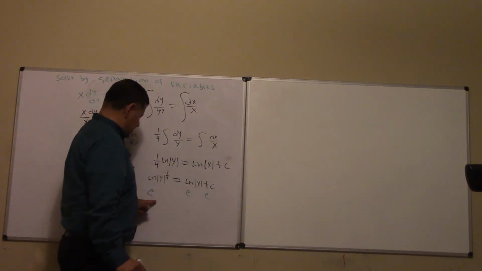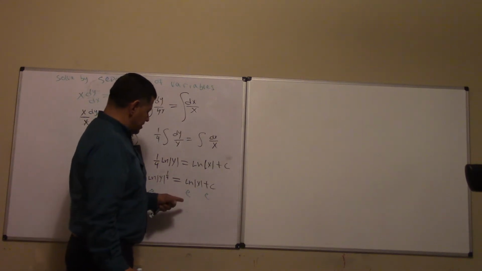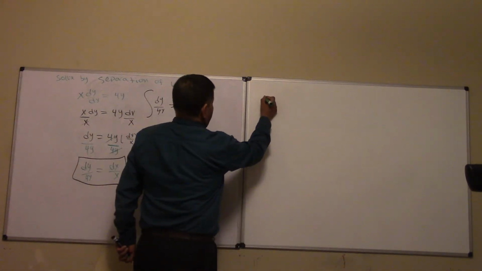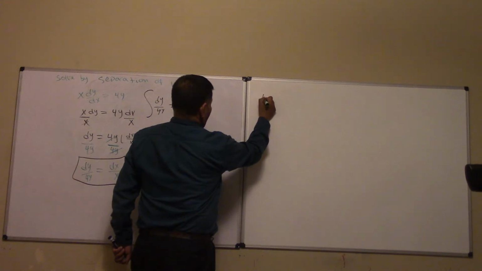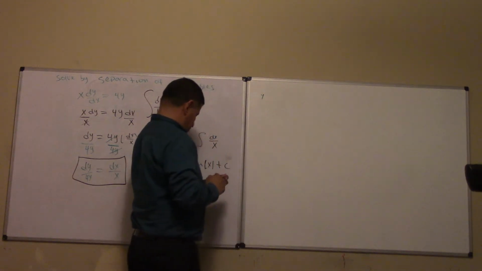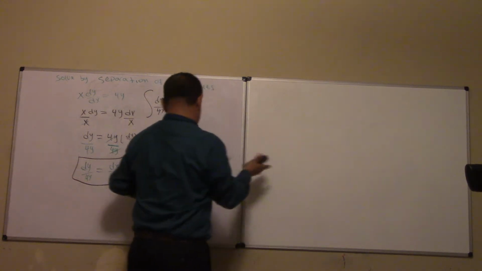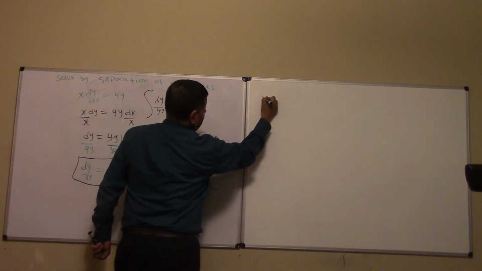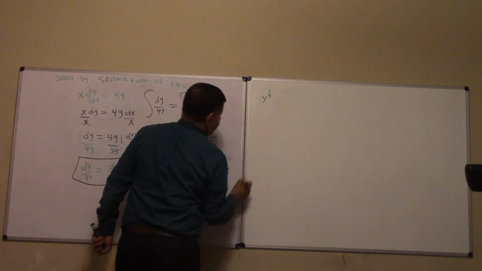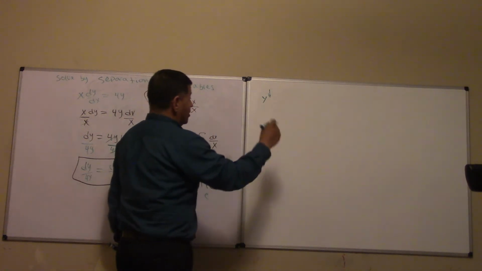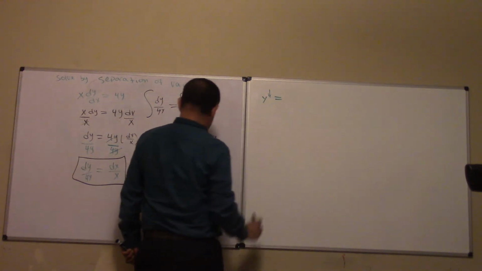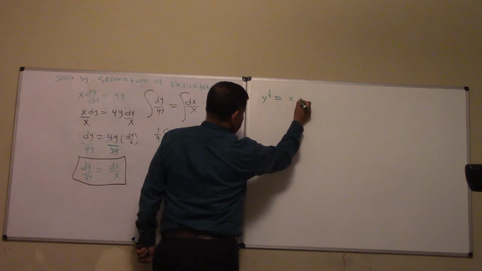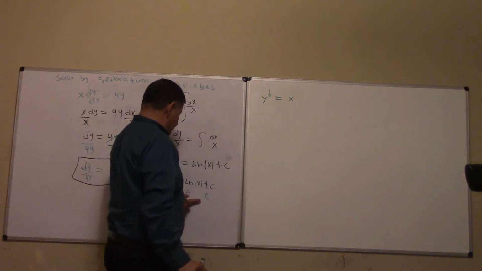So when I do that, the ln goes away, and I get y to the 1/4 equal x, right? And then remember here you have like bases, right?